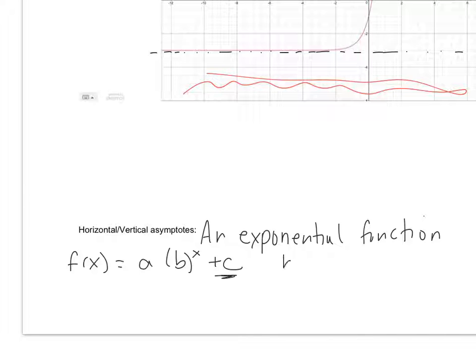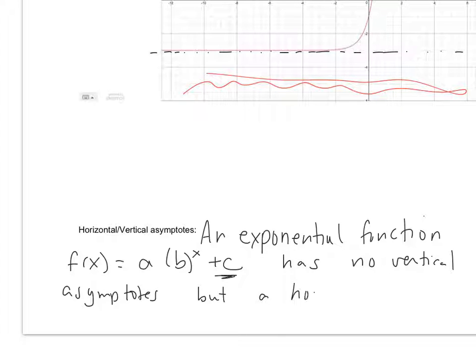This always has no vertical asymptotes, but a horizontal asymptote of y equals c.